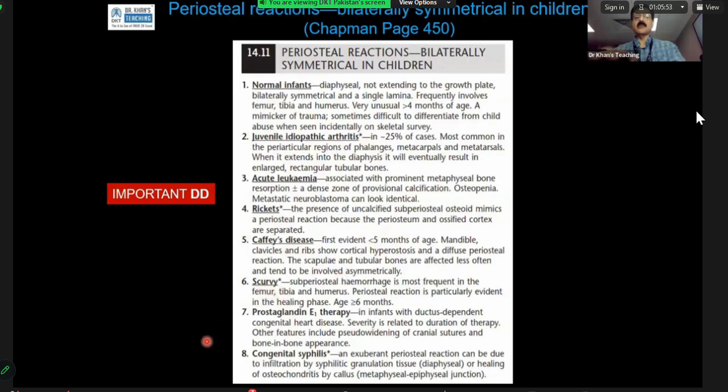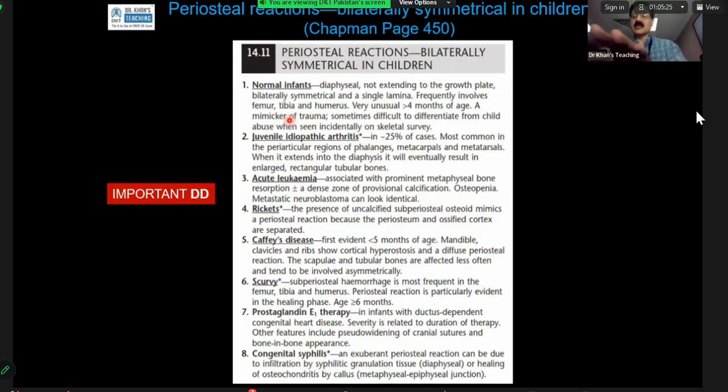Scurvy? No, sir, it is more than 6 months. Prostaglandin therapy? And congenital syphilis, can it happen? Yes, sir. Normal infants, can it happen? Physiological, yes, sir. But one thing you have to consider is age.